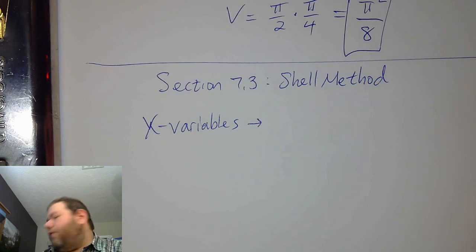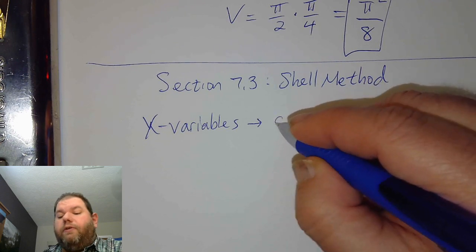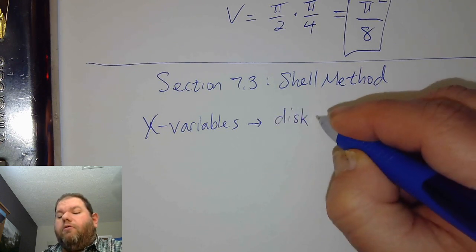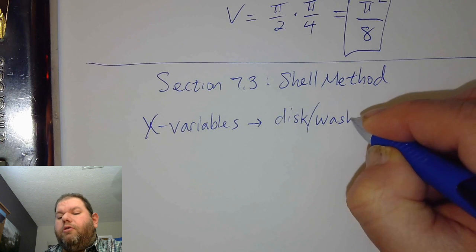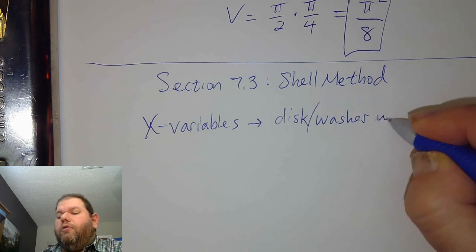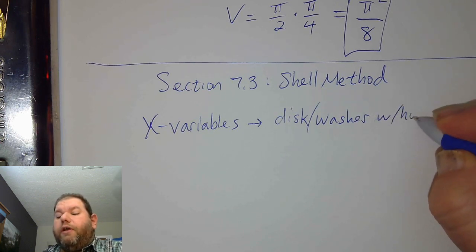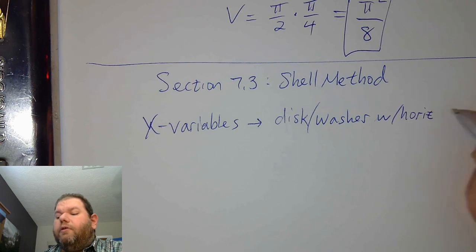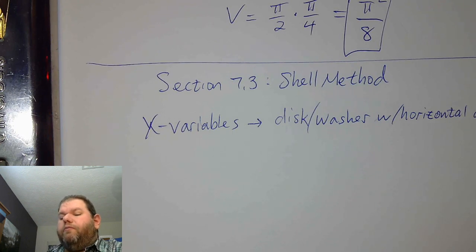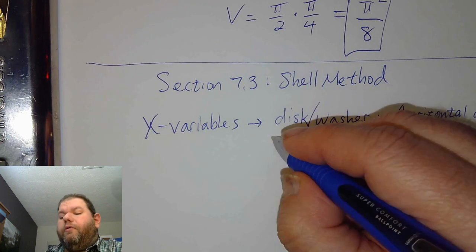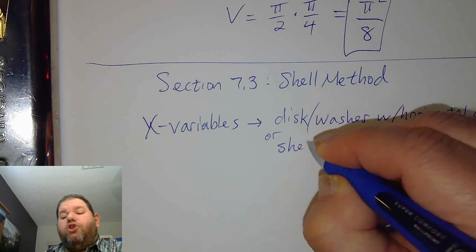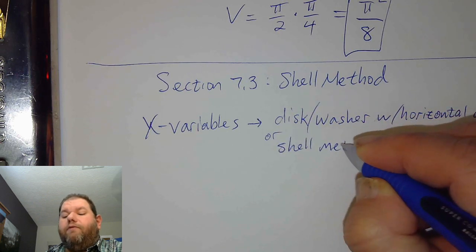In order to use our x variables, we know that we can use disk or washer with a horizontal axis, or a shell method that has a vertical axis.